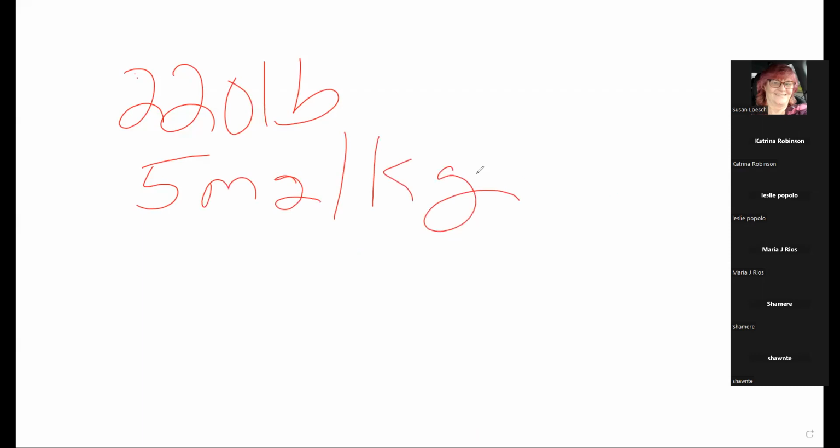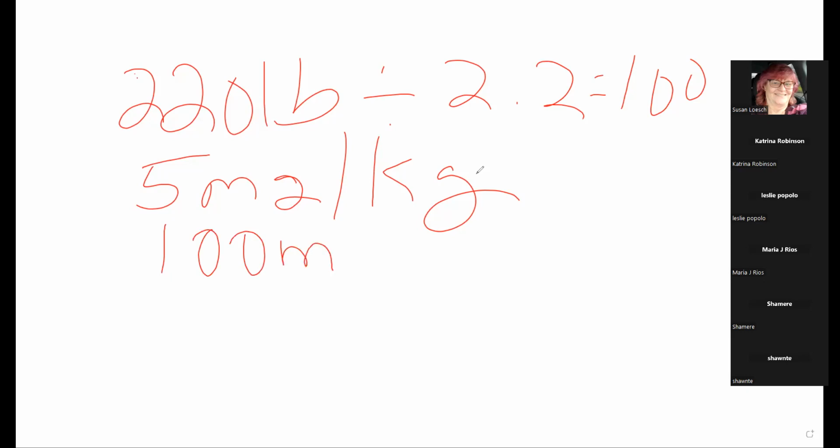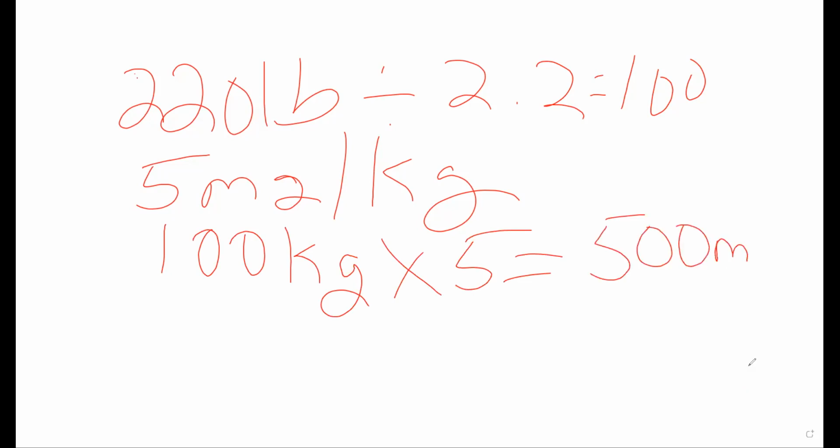So we took the 220, divided it by 2.2, and that gave us 100 kilograms, and we're multiplying that times 5. And that gave us 500 milligrams, right? That was our desired dose.